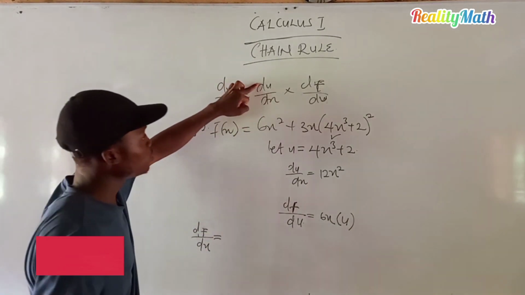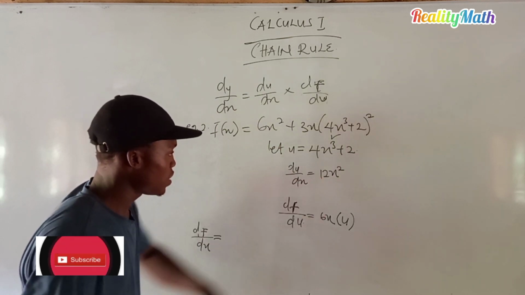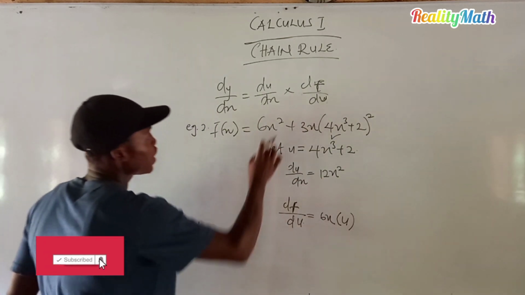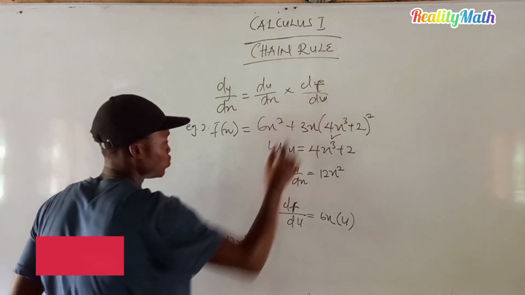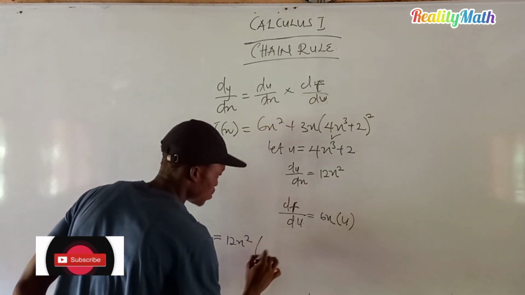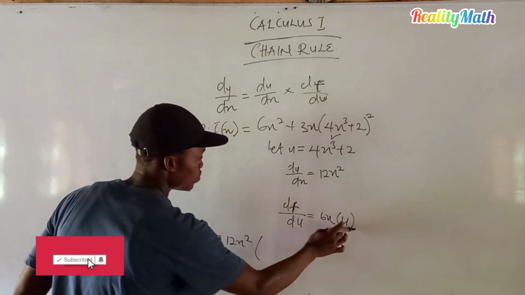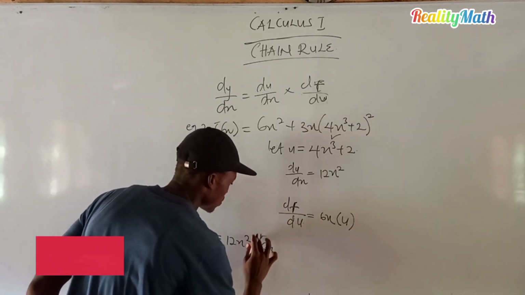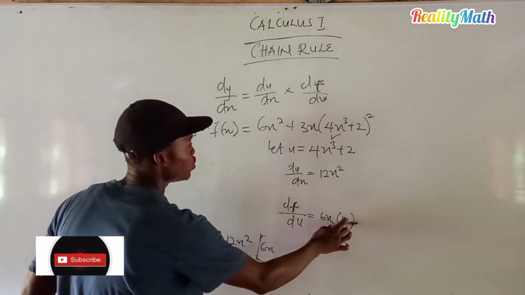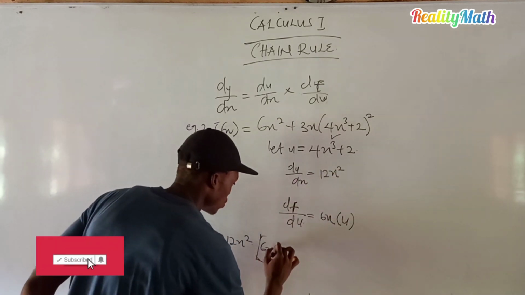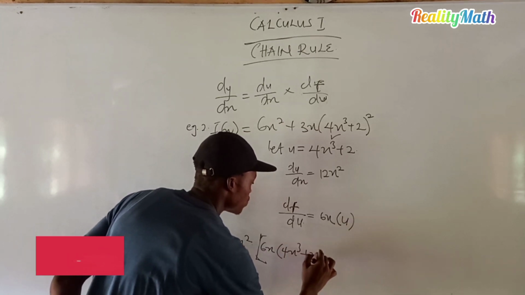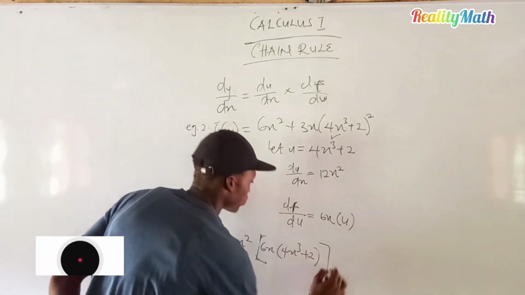We get our du/dx to be this, 12x squared, multiplying the df/du, which is 6x. We know that our u is this, so into bracket 4x cubed plus 2.